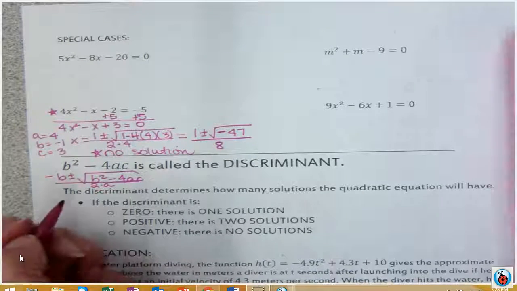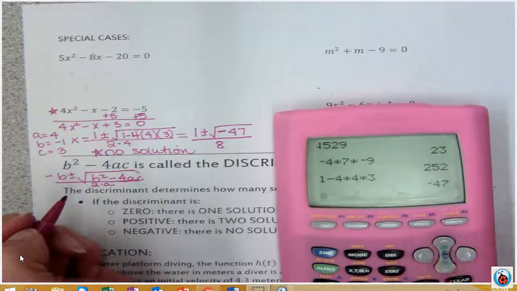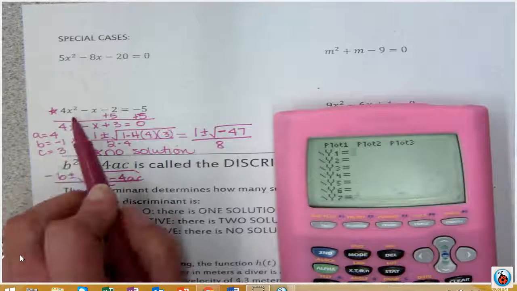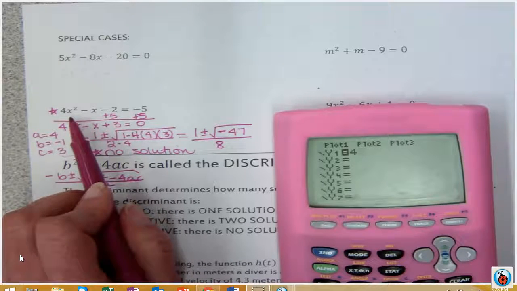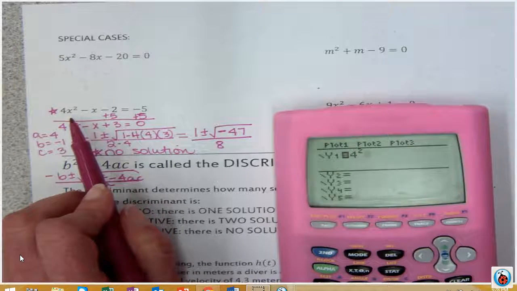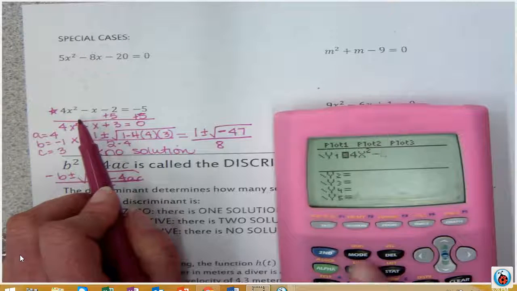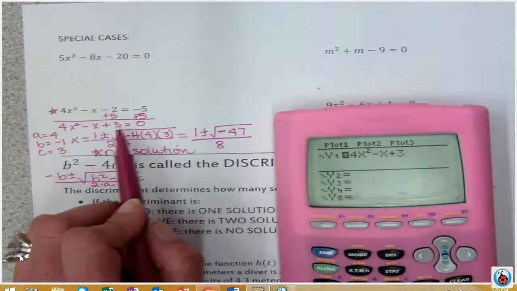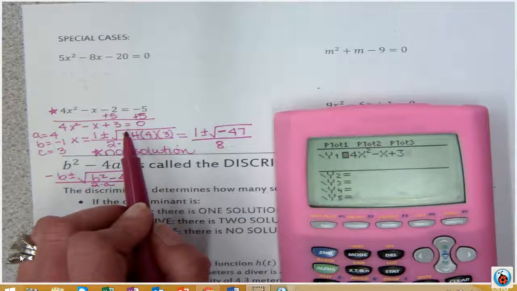Okay, now if I were to put this in my calculator, y equals, and plug this in, 4x squared minus x plus 3, and graph it.